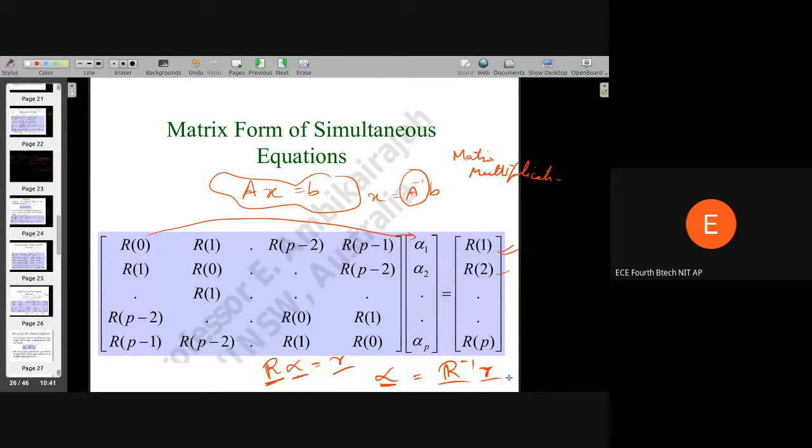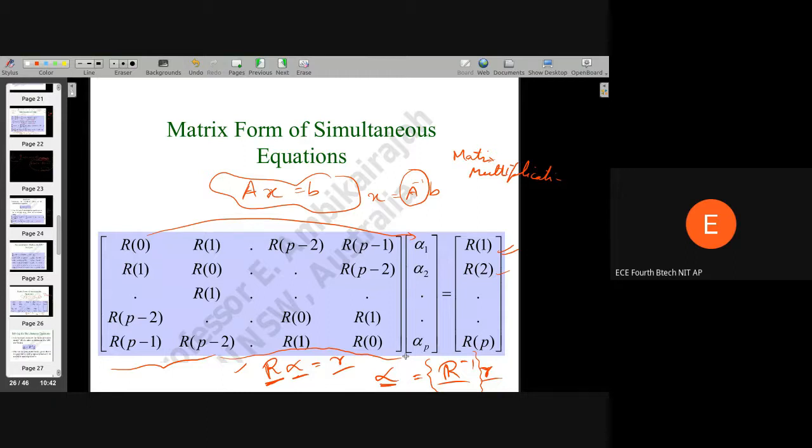Now, the calculation of inverse is not a small thing. We take it for granted, but the calculation of inverse has a lot of calculations involved. So instead, we can utilize the particular structure of this matrix R, and we can find the solution without taking the inverse.